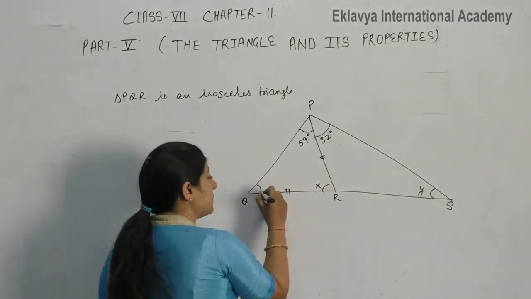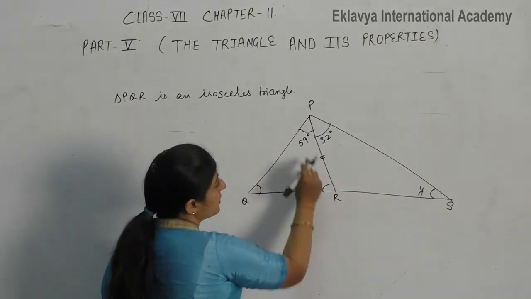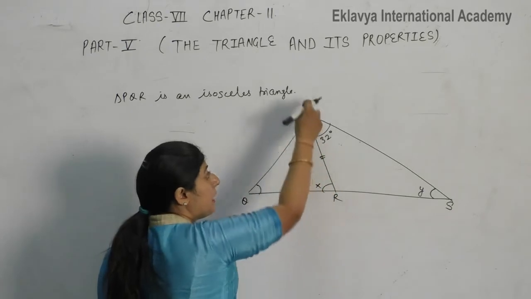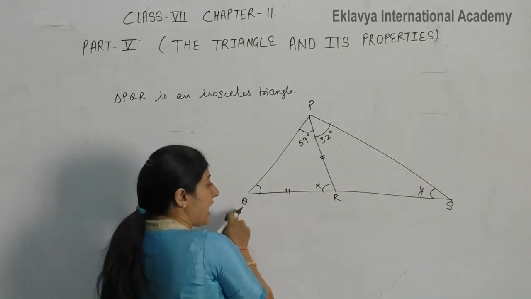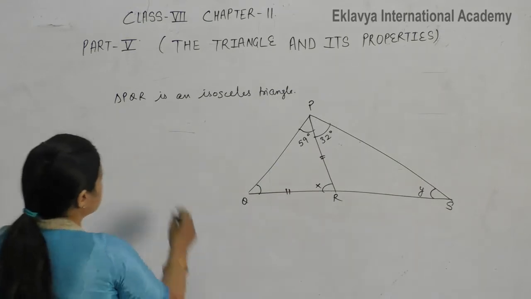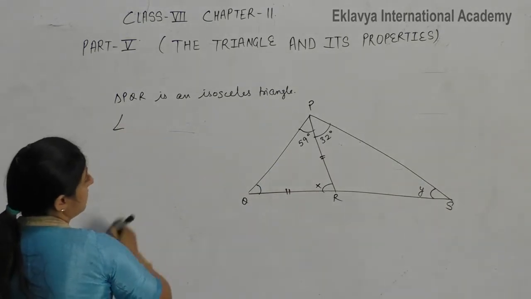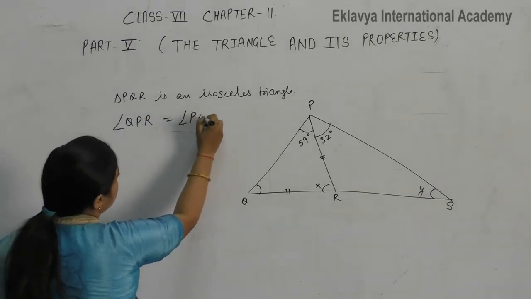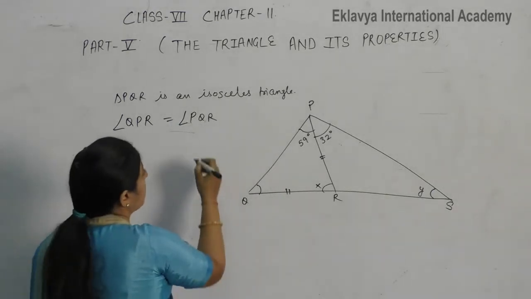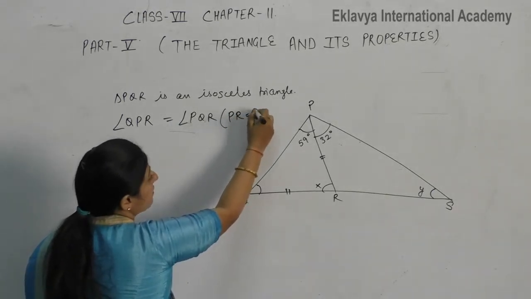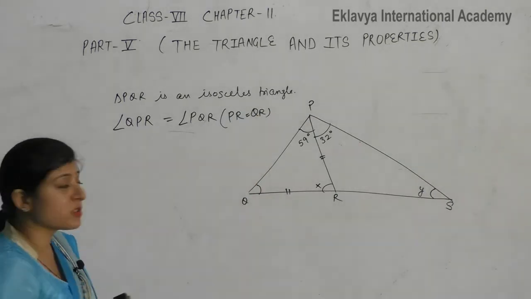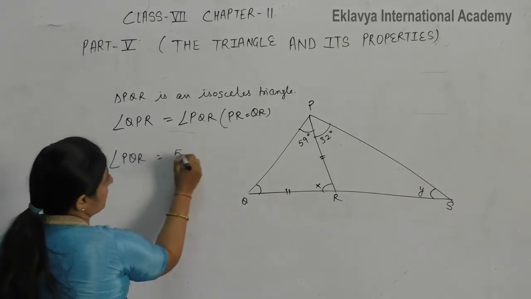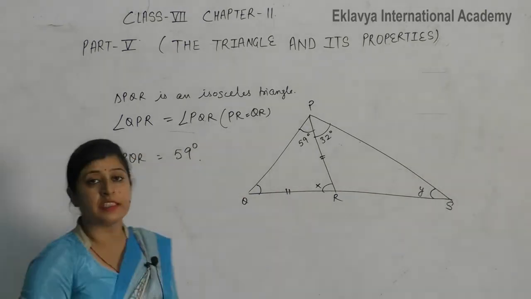PR's opposite angle is Q and QR's opposite angle is P. It means by the isosceles triangle property, angle QPR is equal to angle PQR. Why? Because it is given that PR is equal to QR. So, by using the isosceles triangle property, the value of PQR is equal to 59 degrees.